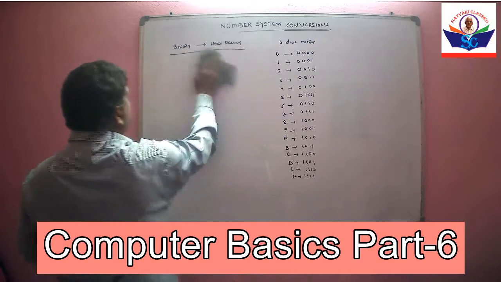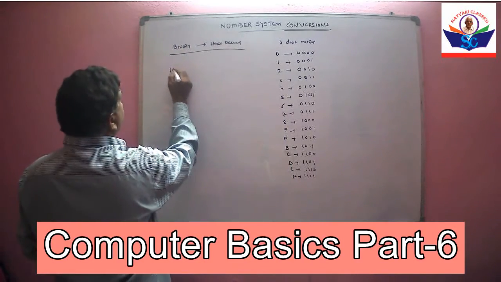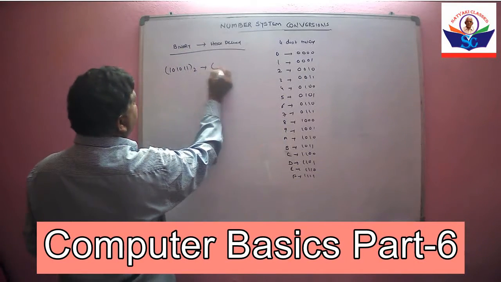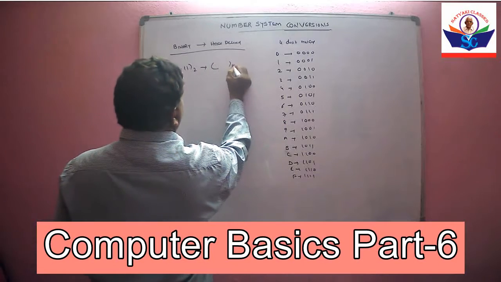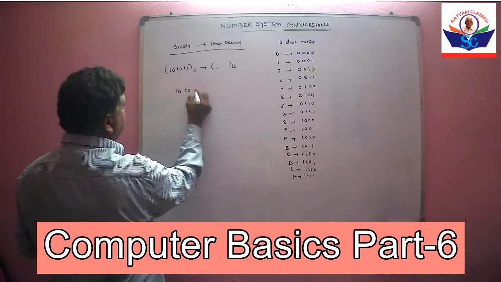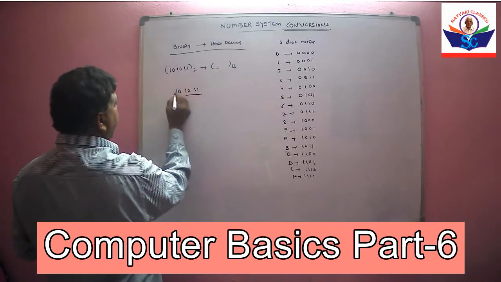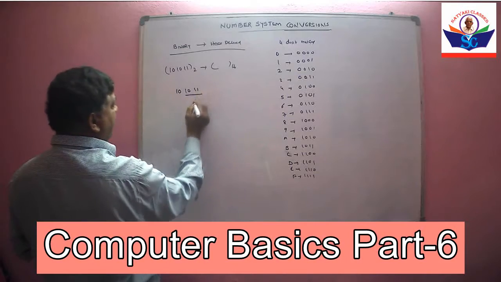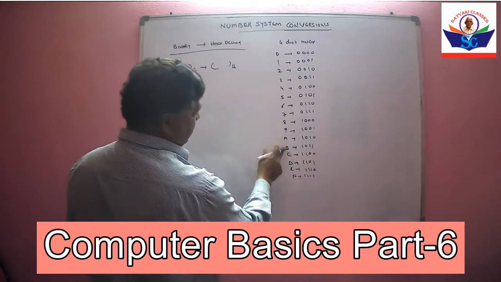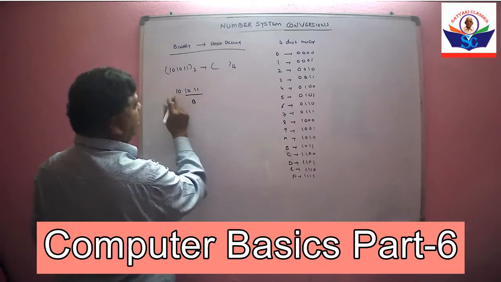Now, 1 0 1 0 1 0 1 1 in binary is equal to which number in hexadecimal? We will group 4 digits. 1 0 1 1 is B. What about the remaining 1 0?